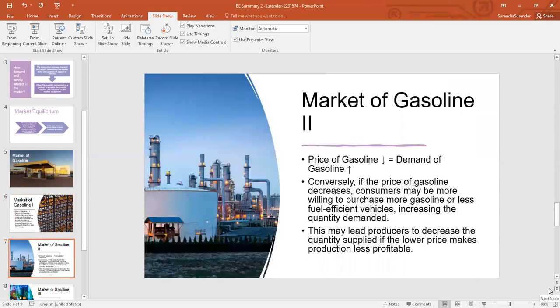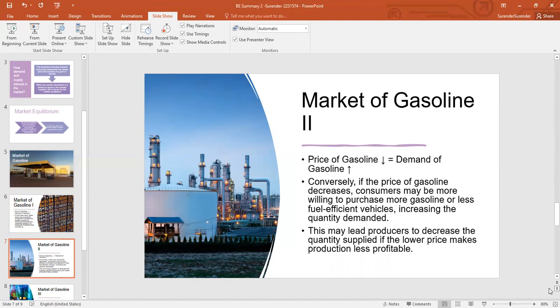When the price of gasoline decreases, the demand for gasoline increases, because when the price goes lower, consumers try to buy more. The only game running in this market is that everybody wants to have more benefits, either the manufacturer of the product or the consumer of the product.